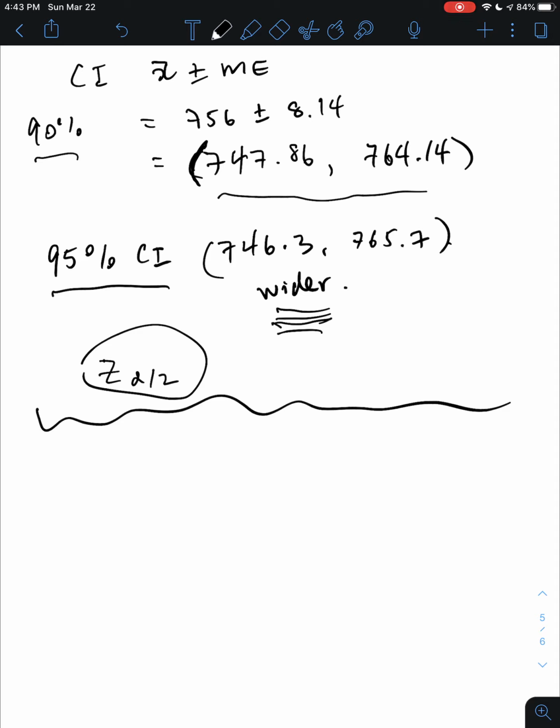So the discrete version, if we have a situation where we're counting, then there's really only one change. That is in the calculation of SE.